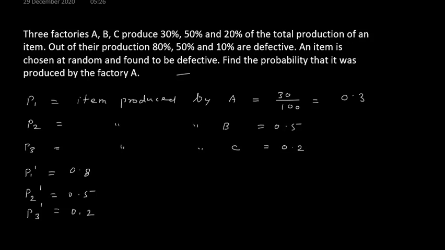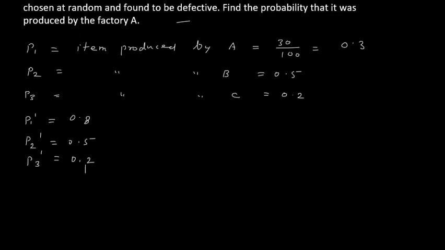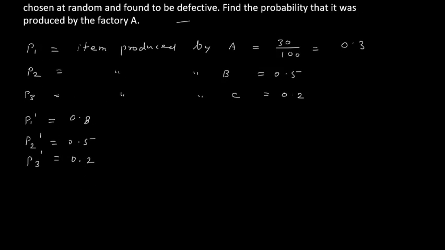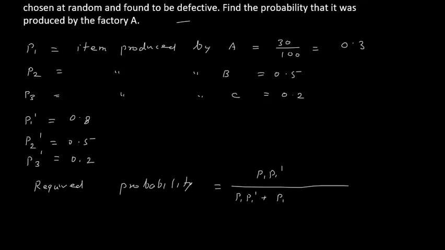Now we have to find the probability that it was produced by factory A. It was known that the product is defective. I have to find that it is produced by factory A. So required probability will be equal to P1 P1 dash upon P1 P1 dash plus P2 P2 dash plus P3 P3 dash.